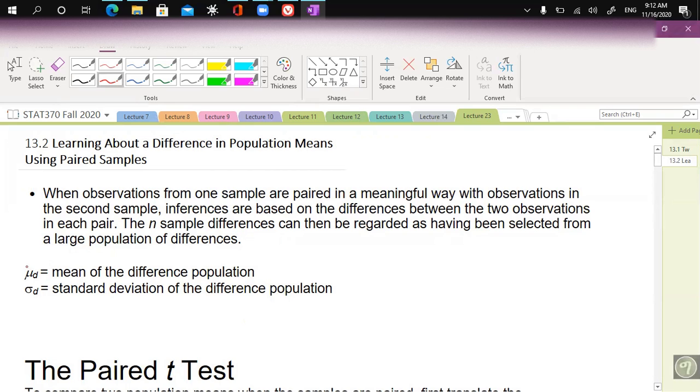The notation that we use here is mu sub d, the mean of the difference population, and sigma sub d, the standard deviation of the difference population. And of course, we will have x bar sub d and s sub d, which are from the sample: the mean of the differences and the standard deviation of the differences.